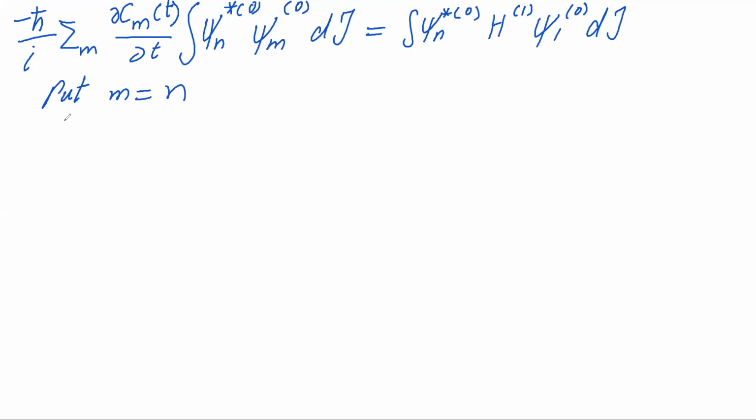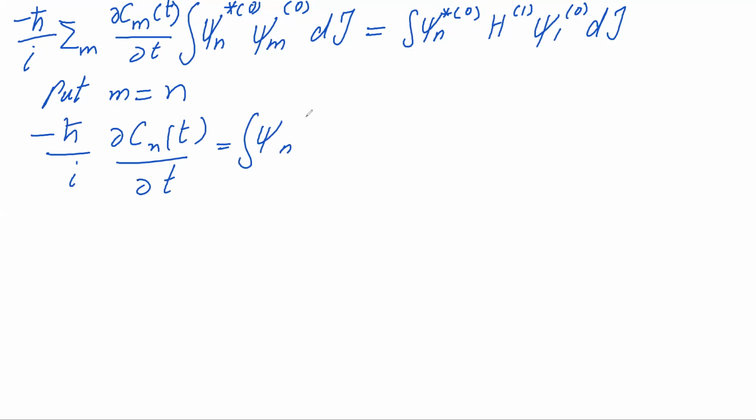Then we have minus h bar over iota partial c n t over partial t is equal to integral psi n and h with the superscript 1 and psi 1 with the superscript 0 and d tau.